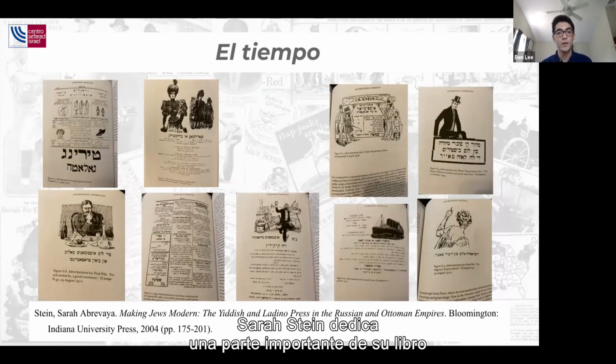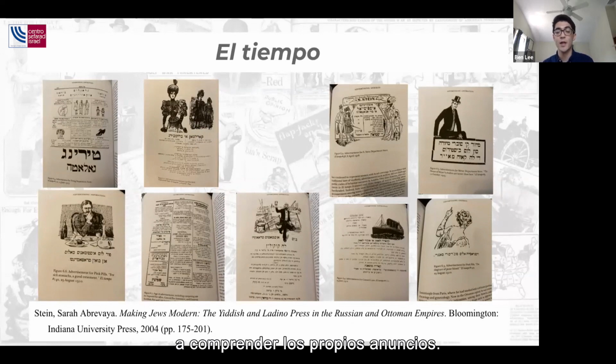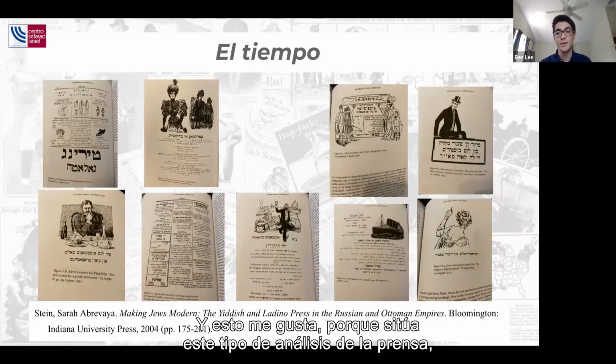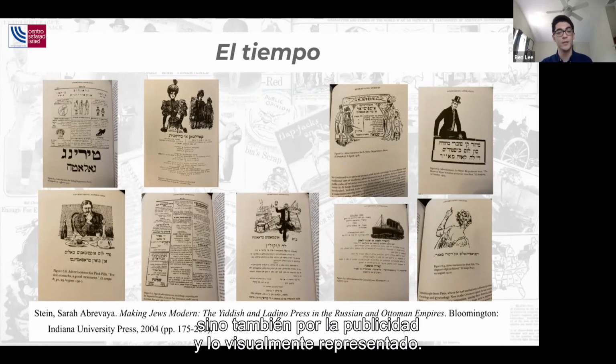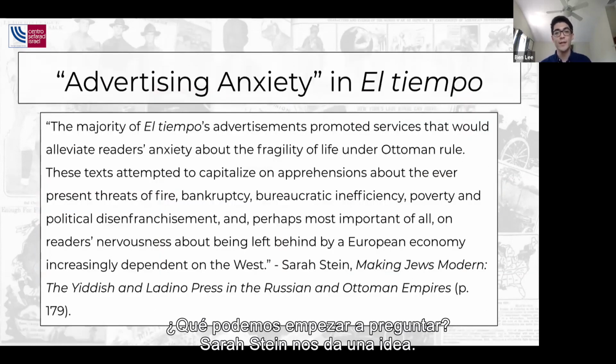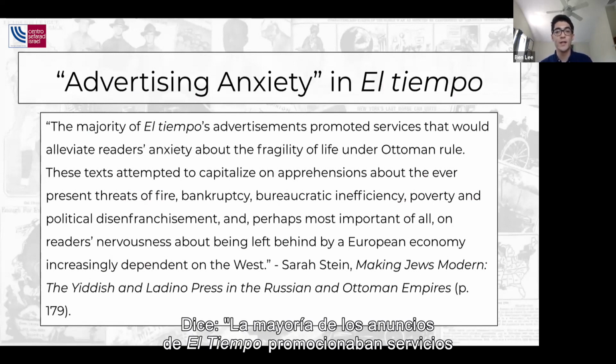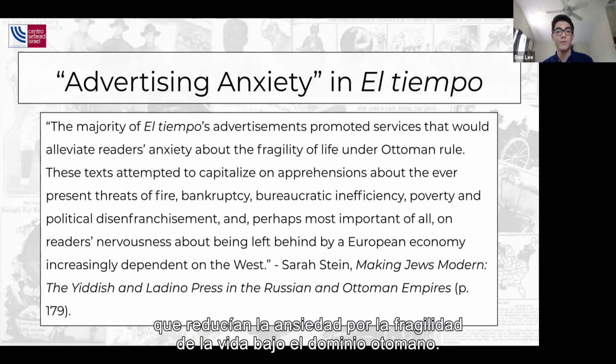Sarah Stein devotes a significant amount of her book to understanding the advertisements themselves. I like this because it situates this kind of analysis of the press not through purely the textual content, but also through advertising and what's being visually depicted. So what can we begin to ask? Well, I think Sarah Stein gives us a sense. She says, "The majority of El Tiempo's advertisements promoted services that would alleviate readers' anxiety about the fragility of life under Ottoman rule.